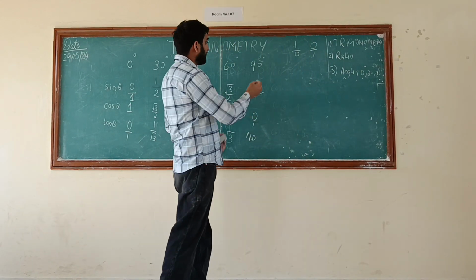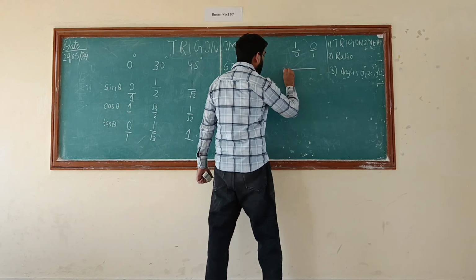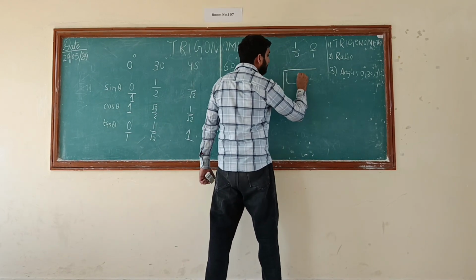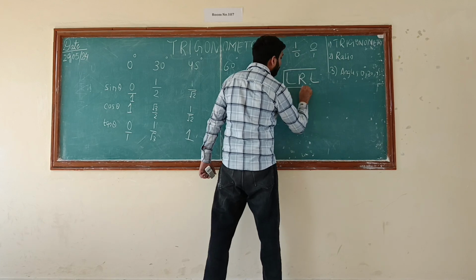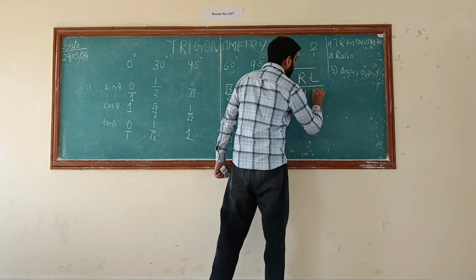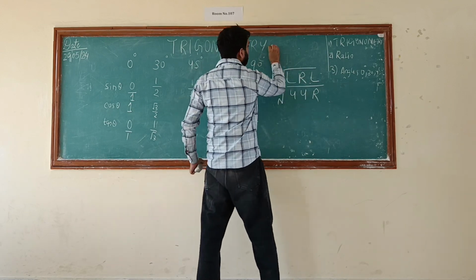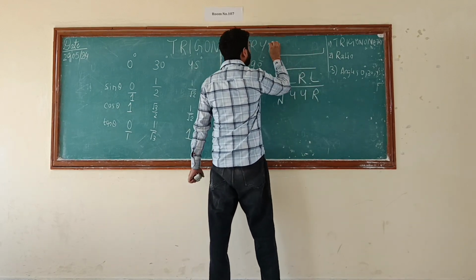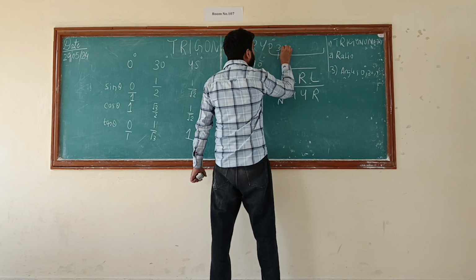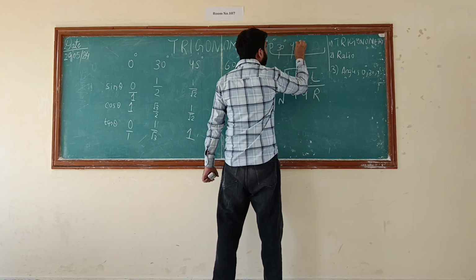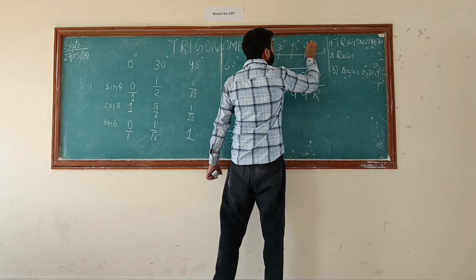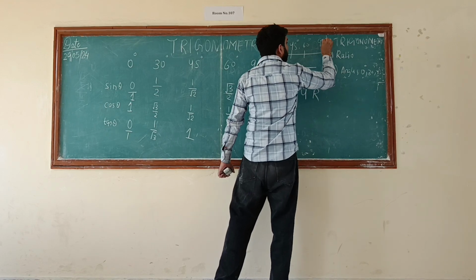So here is the trick: square root of L upon 4 or R. Okay class? So here we have 0 degree, 30 degree, 45 degree, 60 degree and 90 degree.